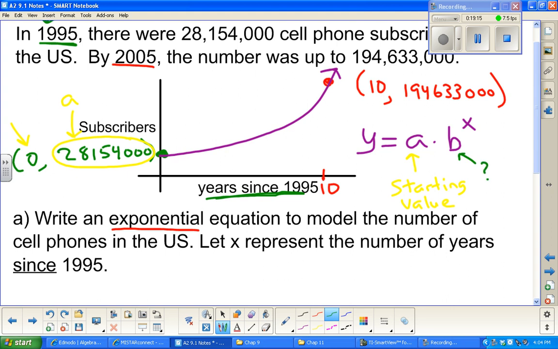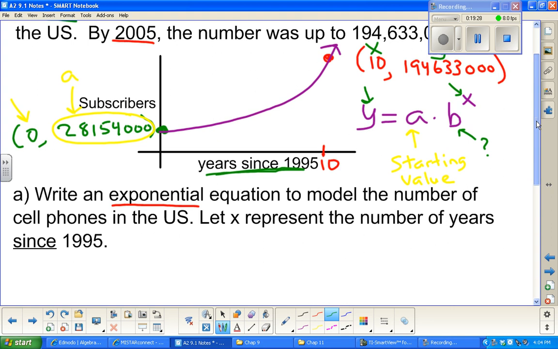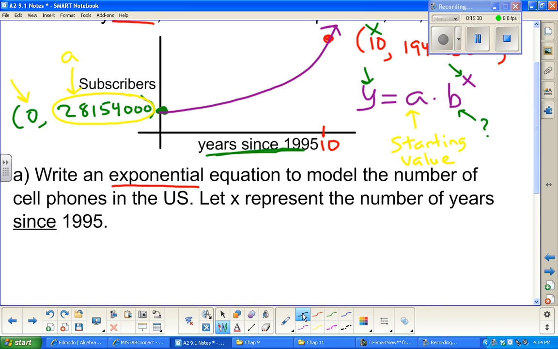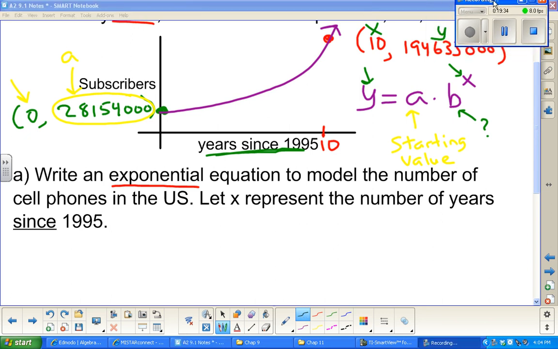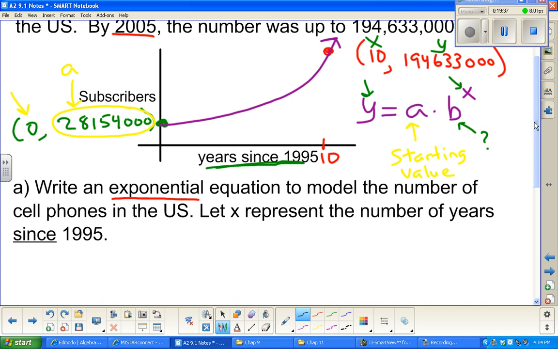We want to know. So luckily, when they give you another point, they're giving you an x and a y to plug into the equation. That's like some later point. So we're going to plug everything in and see if we can solve this for b. Our equation: the y value was 194,633,000.